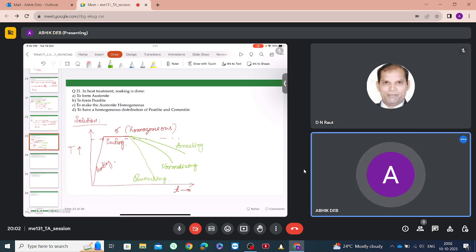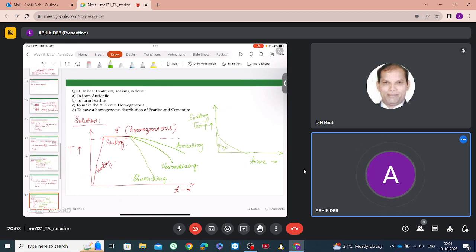We can draw this in the form of a chart where this is time and this is the temperature. Say this is the soaking temperature. Now, before we start, say it had alpha plus pearlite.